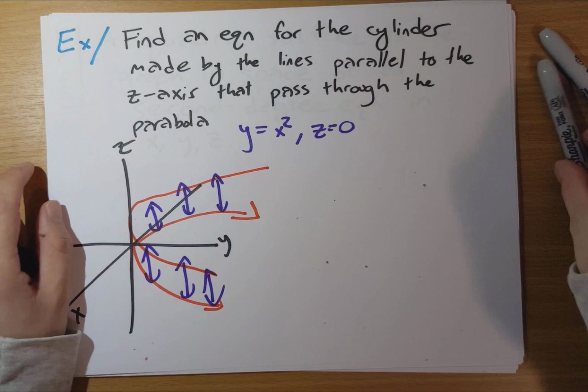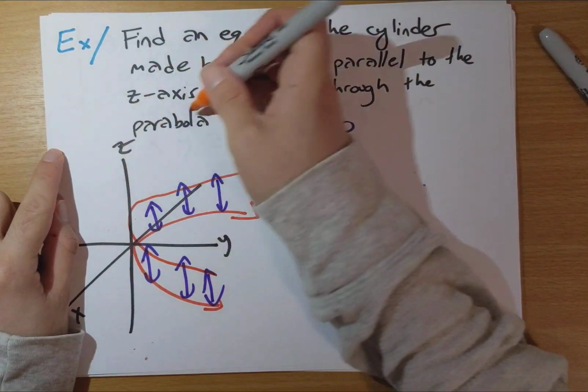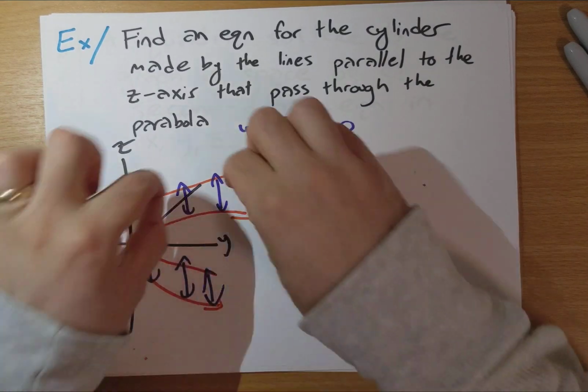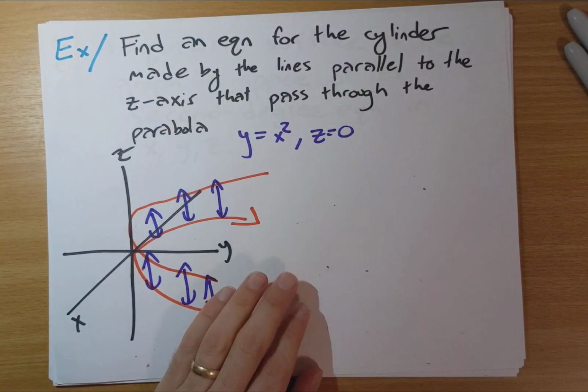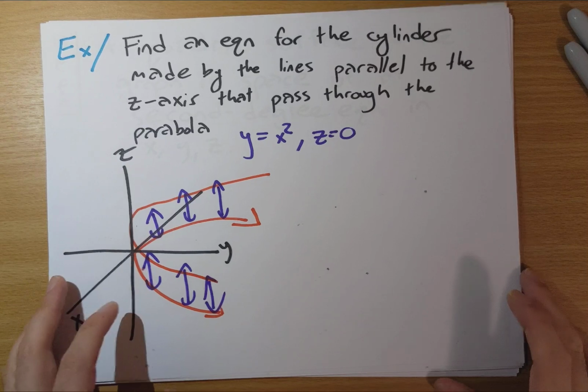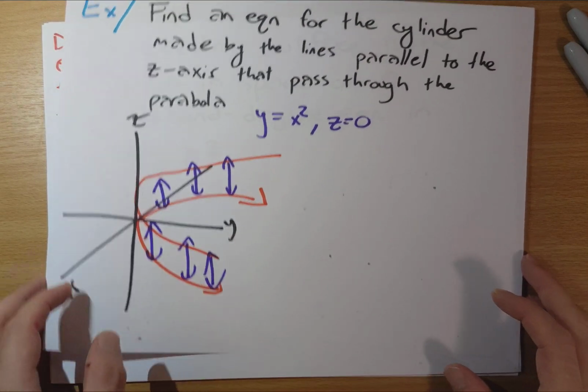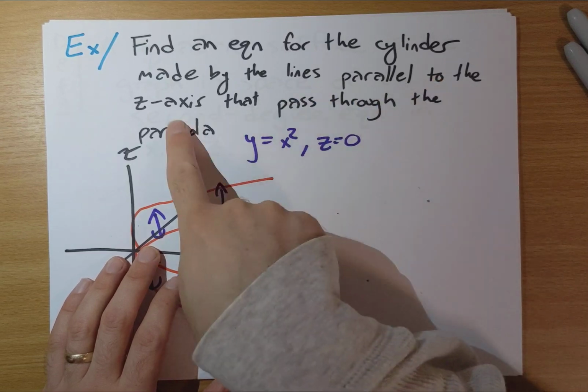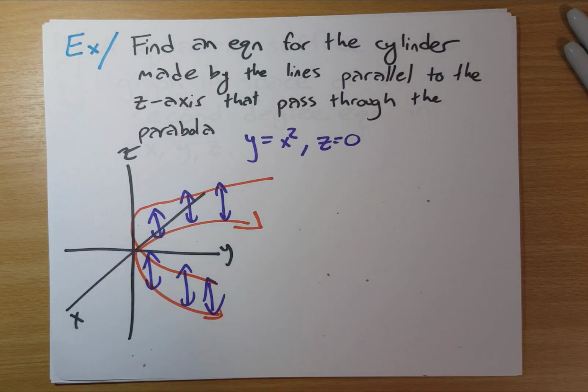If we keep drawing more and more of these parabolas and extend these lines further and further, you get exactly the cylinder that comes from this construction: lines parallel to the z-axis that pass through the parabola y is equal to x squared, z is equal to 0. And so we find an equation here.